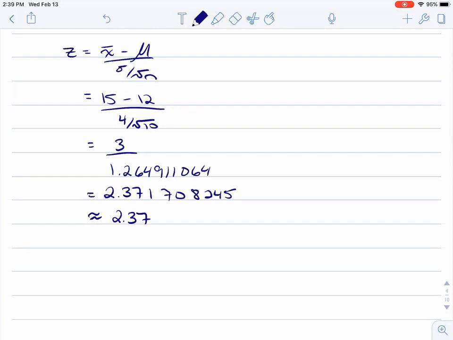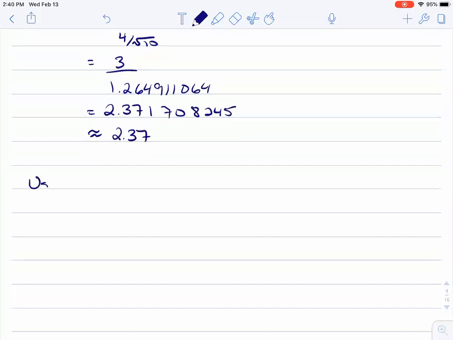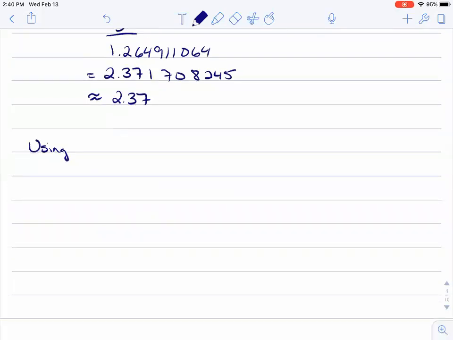Now we have a Z, which we know what to do with. We can go to our Z table and find the area to the left. We want the area to the right, so we're going to do 1 minus, since we've got a positive Z here. I'm just going to write out what I'm doing. Using the Z table, we find the area to the left.